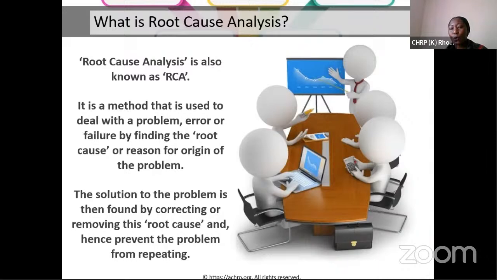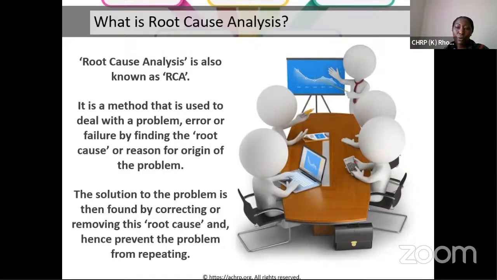If we are not able to completely eliminate it, then we are able to reduce the frequency of it repeating itself. I know at times it's very difficult to completely eliminate because, as we'll see as we progress, there could be multiple causes. But you start with the major cause of the problem. Once we pick the major cause that is holding 80% of the problem, then you resolve it.